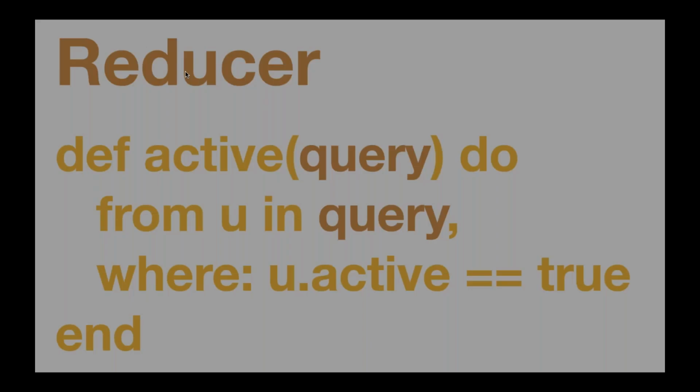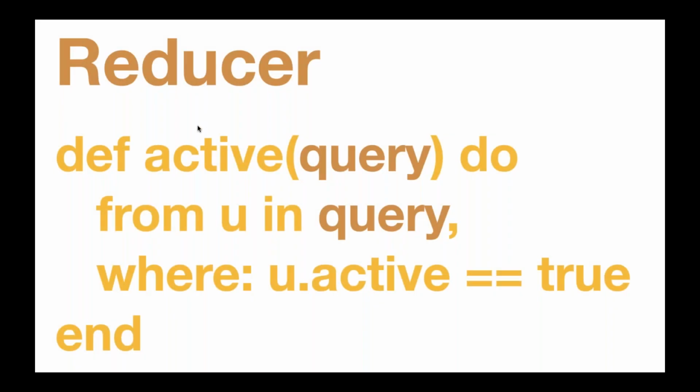So I have this reducer, and this reducer takes a query and returns a query. And basically, the nice thing about this is that I can use small functions like this to further drill down on a set.